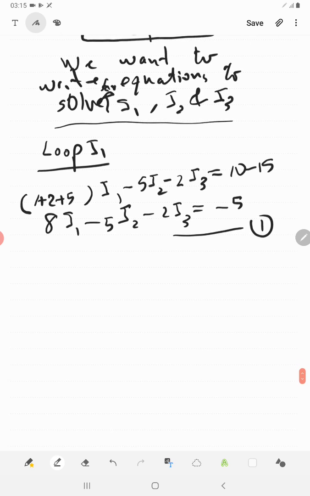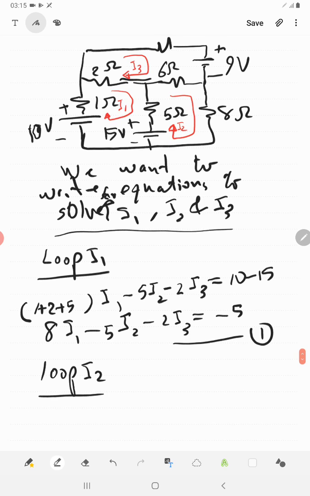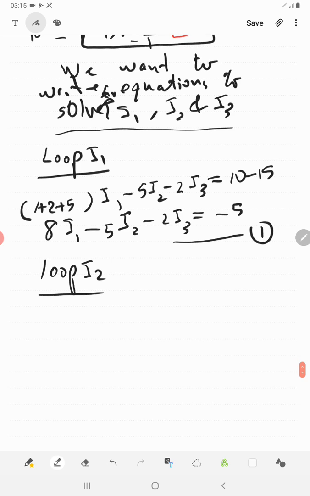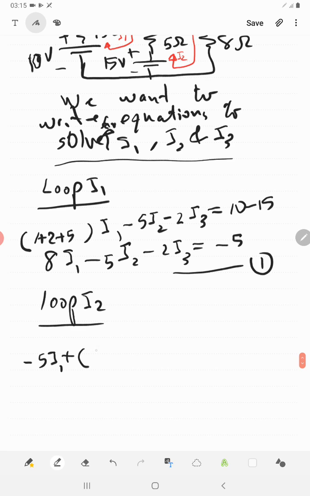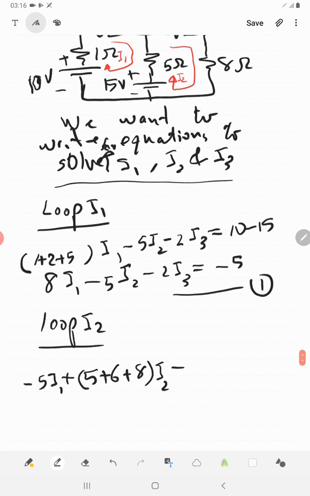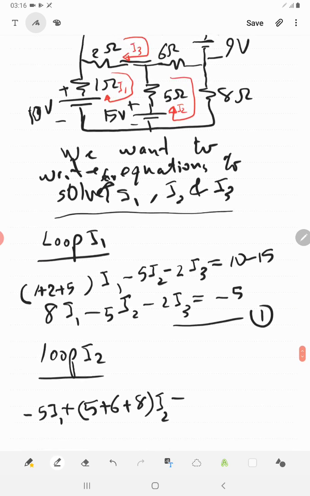Now we go to loop I2. I2 is sharing I1 through the 5 ohm resistor, so it's minus 5 I1 plus the sum of all resistors in this loop, which is 5, 6, 8. So 5 plus 6 plus 8 times I2, minus 6 I3, since it shares with I3 through the 6 ohm resistor.